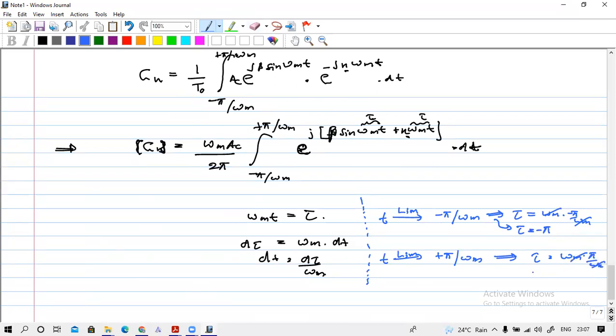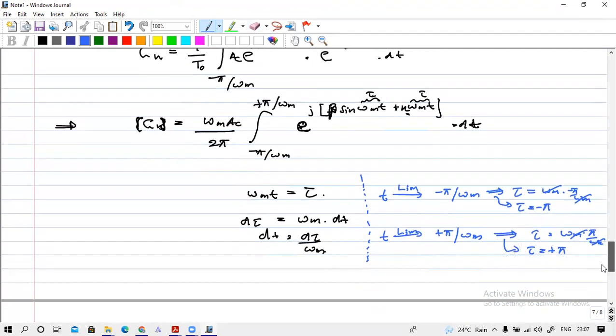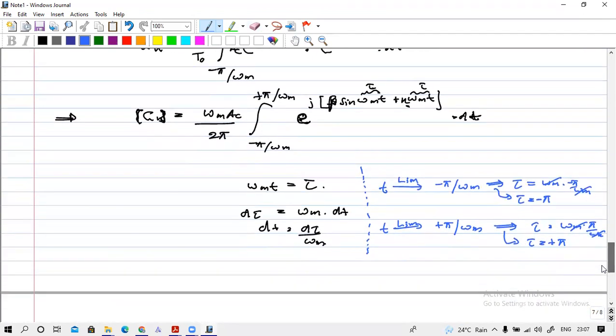Then omega m cancels out, so tau is limiting to +5. So I think most of the others are directly related with the Bessel function.